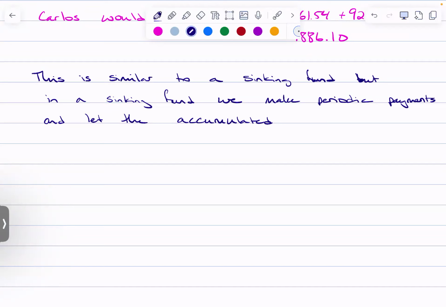All right. And let the accumulated amount grow to a specified amount, right? Whereas here, we're making a deposit in order to sustain future payments.